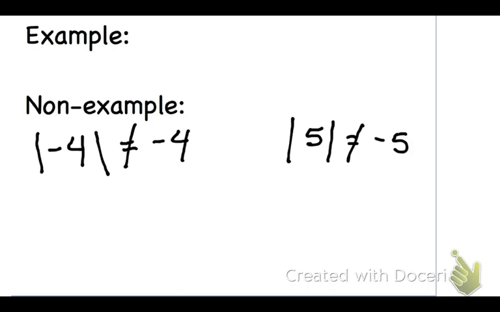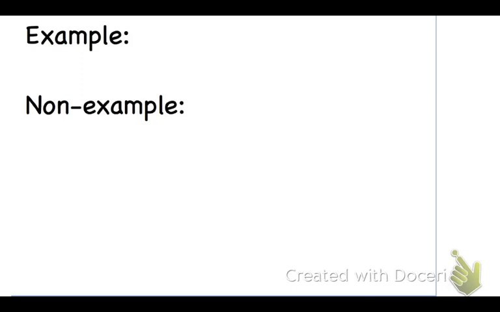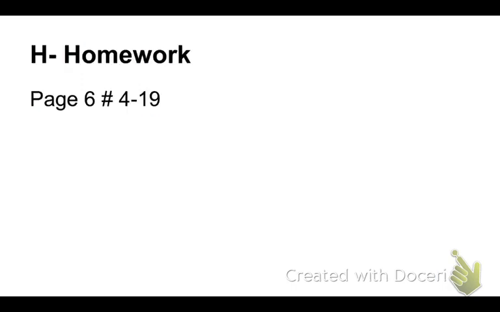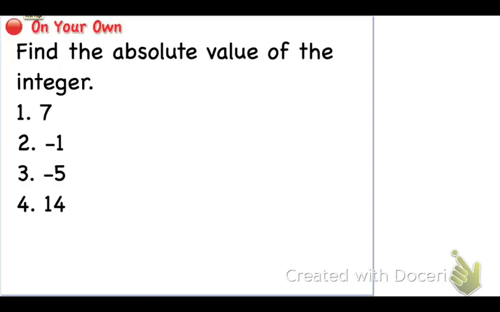So let's practice a few. Let's try a few by ourselves. We're going to do this next one. We have 4 spots, so write these in the 4 spots for you. Pause the video and write these in. You need to write in 1 is 7, 2 is -1, 3 is -5, and 4 is 14.